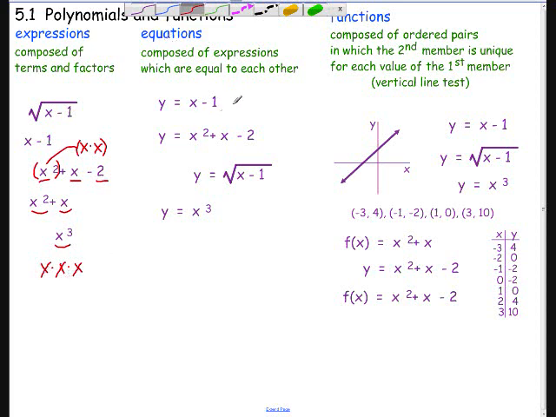Turning to equations. With equations, whatever is on one side is equal to the other. This is where we use those properties of equality.